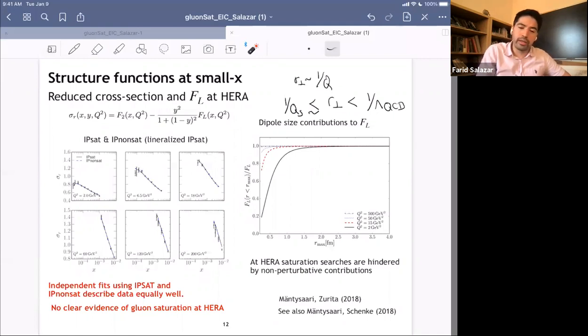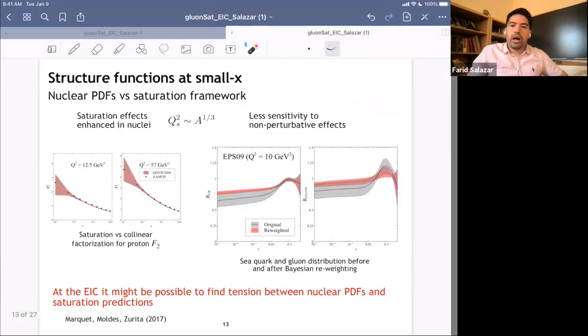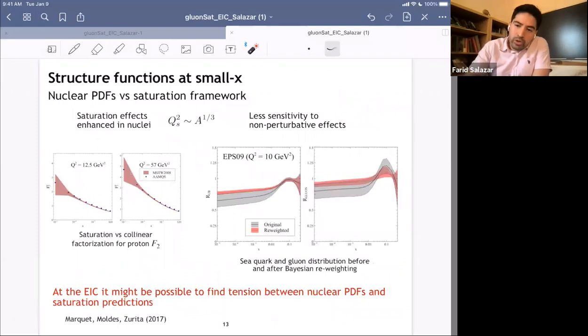So I hope that at the EIC one can constrain this data much better at small x for the structure functions. Okay. So how can the EIC help you? Even though the energies are a little bit smaller than HERA, you have the nuclear enhancement of A. So you have a larger saturation scale.